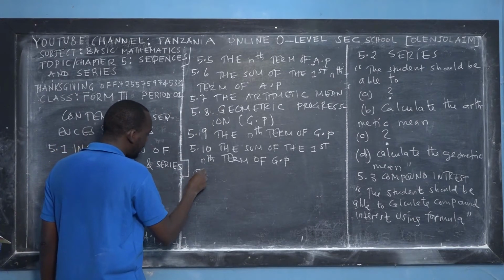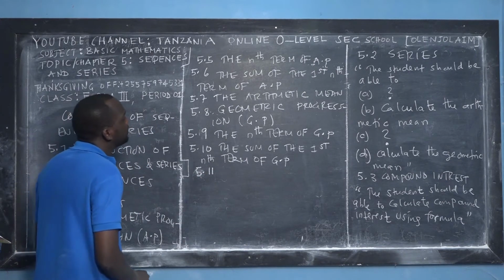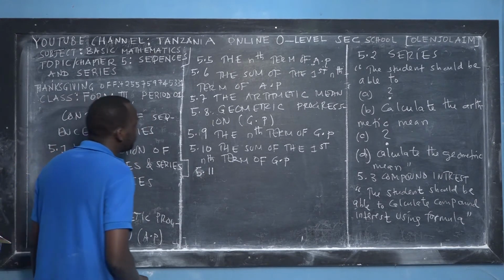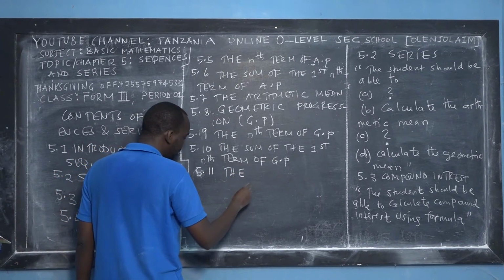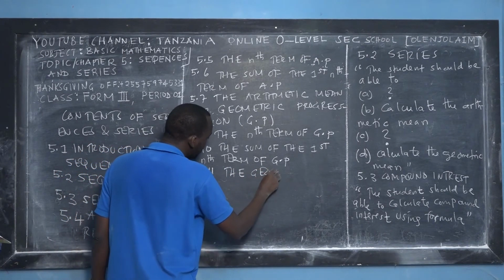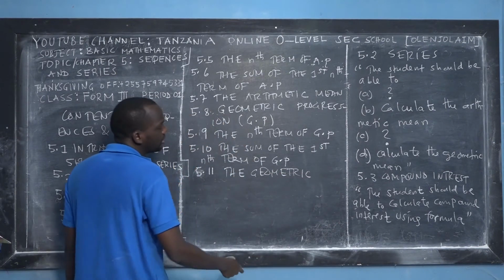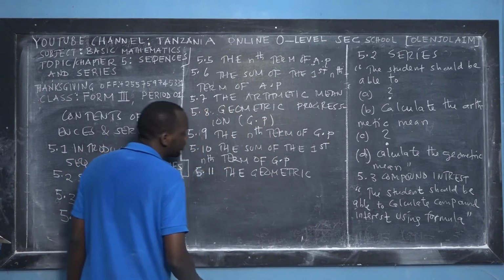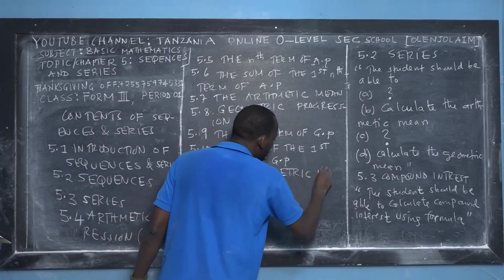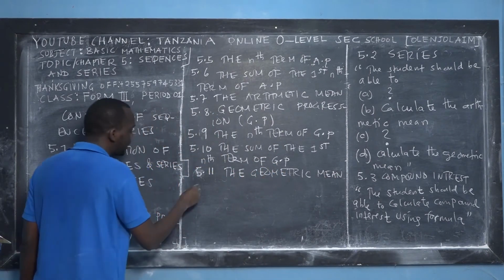Then the 11th subtopic, I'll teach you about the geometric mean. How can you find the geometric mean? Which is specific objective number 8, calculate the geometric mean. What is the meaning of geometric mean, and how can you calculate it mathematically?